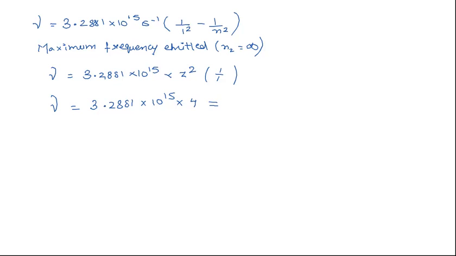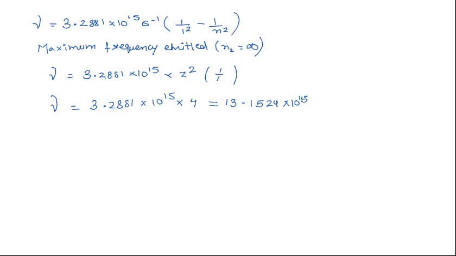Let's calculate this: 3.2881 multiplied by 4 is 13.1524 multiplied by 10 to the power 15.